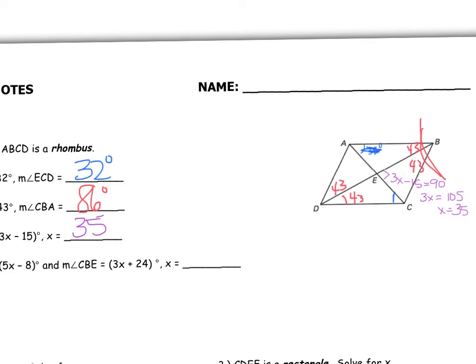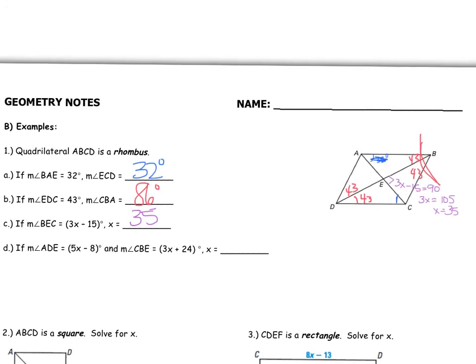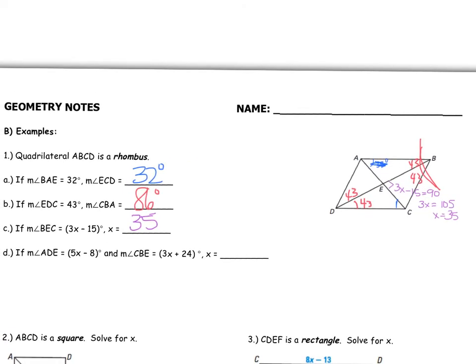And the very last one, we are told that angle ADE, so let me scratch those out, that's not there anymore, ADE is 5x minus 8. CBE, so that's this one, is 3x plus 24.